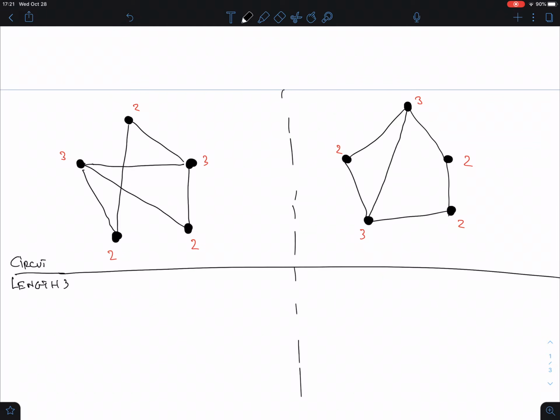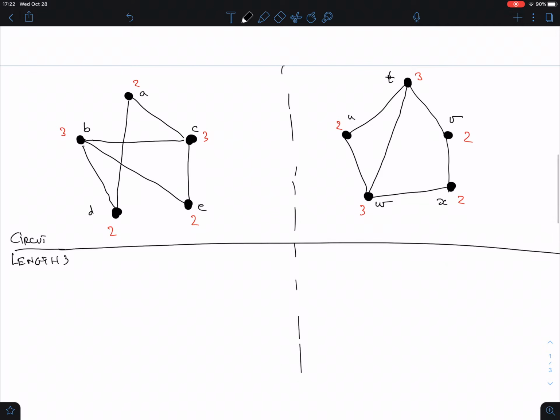Now I have to give names to these things, so I'm going to go A, B, C, D, and E, and here I like to use T, U, V, W, and X. As long as they're different names, and I have a little bit of system to recognize my nodes, then it's fine.